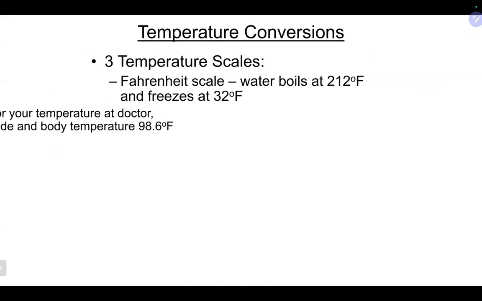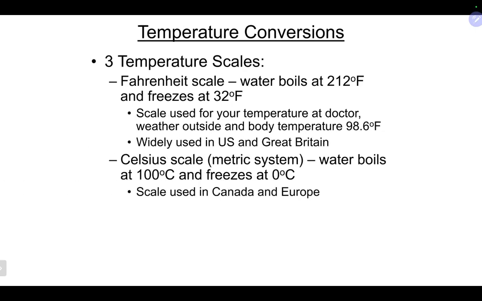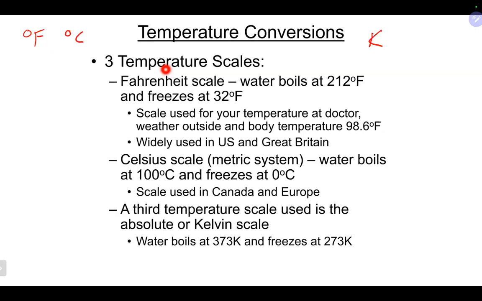So earlier we saw that the SI unit for temperature is the Kelvin, and there really are 3 different temperature scales that we come across. There is degrees Fahrenheit, degrees Celsius, and then there is Kelvin.